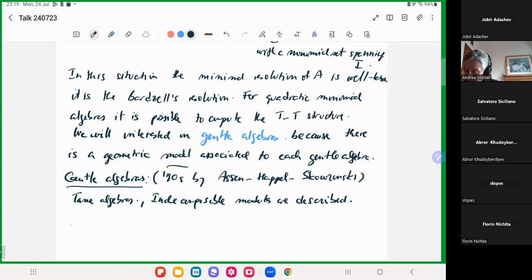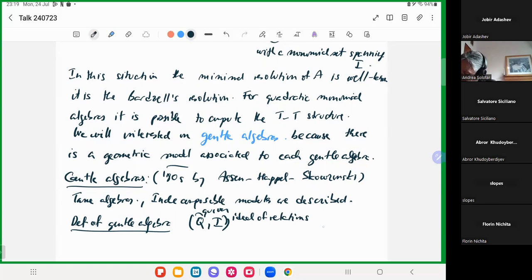So a very brief definition of gentle algebra. Suppose that my algebra has a presentation Q, I. Q is a quiver, I is the ideal of relations.